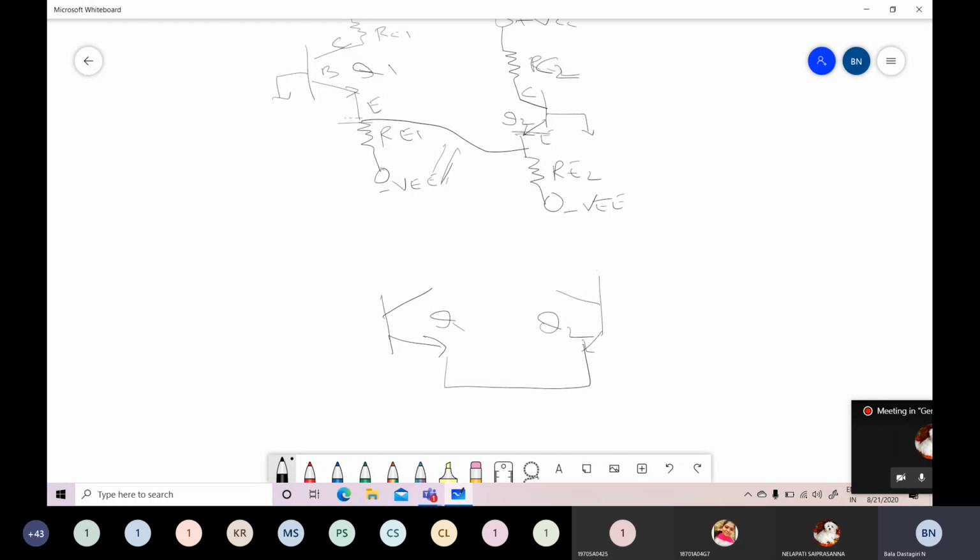So after connecting these two here, RE1 and RE2 will be in parallel, and this can be replaced by a single resistance. The parallel value of the resistors is taken as RE. You can see here both the resistors are connected to minus VEE, so here also the resistor is connected to minus VEE.